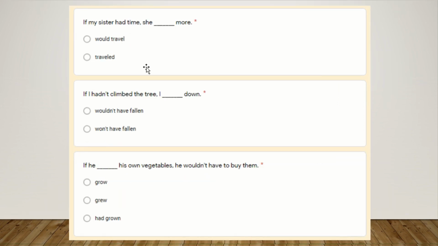All right, and for the last one, if my sister had time, simple past. You see? No past participle. She would travel. Would plus base form. The simple past is in the if. So you need the would in your result. And in this one, if I hadn't climbed the tree, I hadn't climbed.